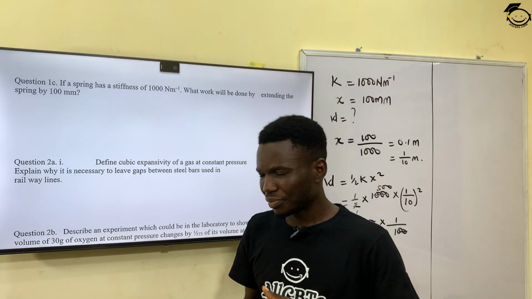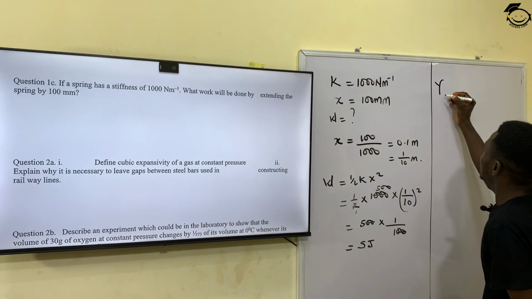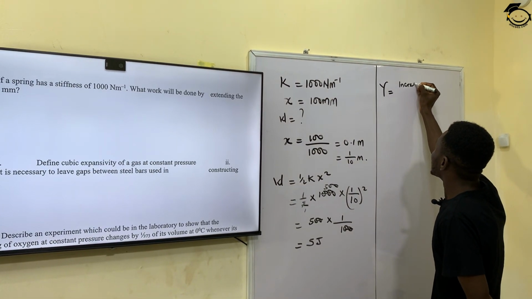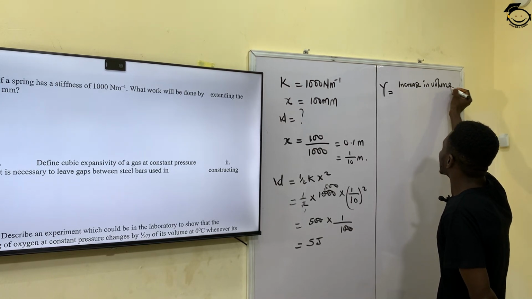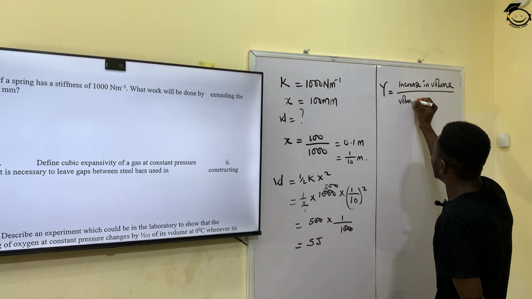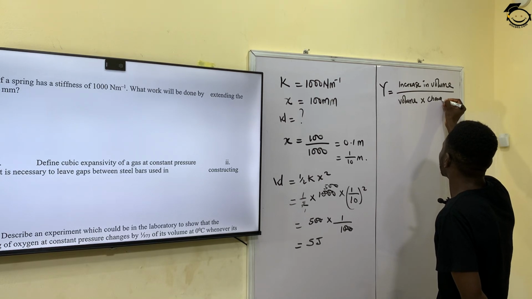What does this mean? Cubic expansivity is represented or denoted with gamma, and it is equal to increase in volume divided by volume times change in temperature or increase in temperature.